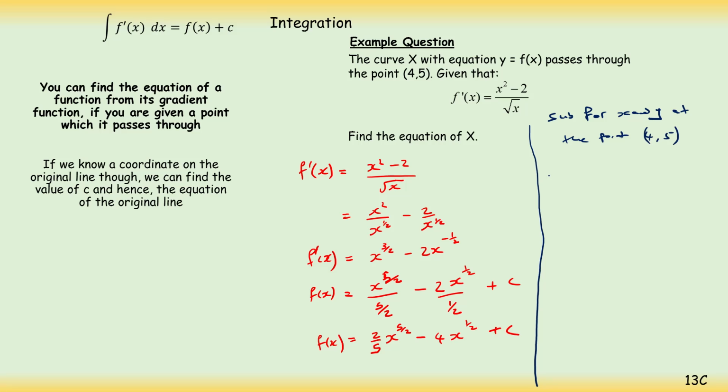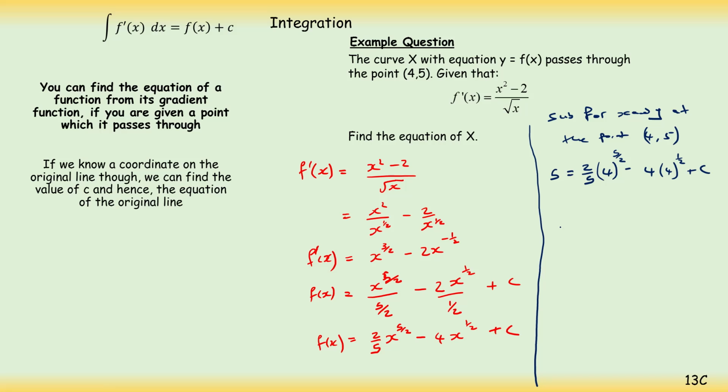When we do that, f of x is now 5, which is equal to 2 over 5 times 4 to the power of 5 over 2, minus 4 times 4 to the power of a half, plus c.